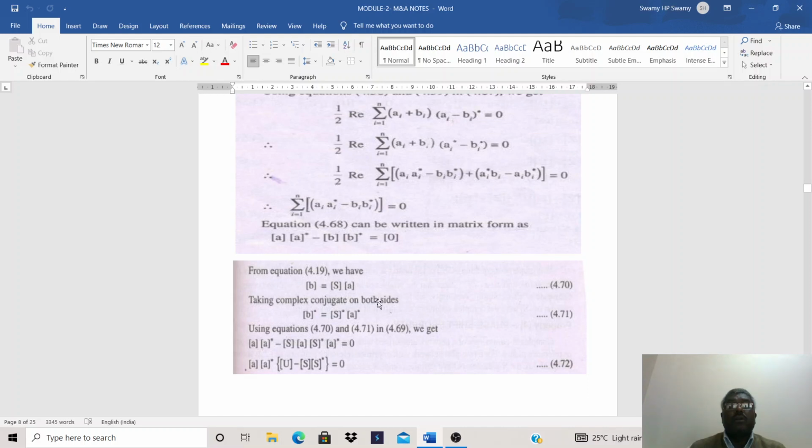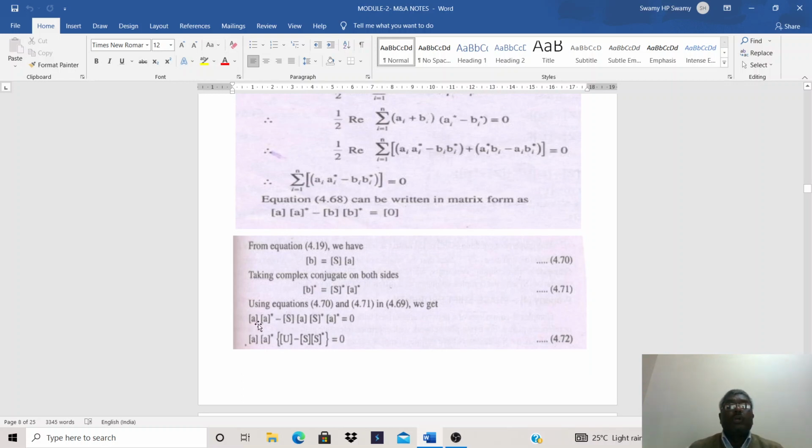Taking the complex conjugate on both sides, b* = S* a*. Using the above equations, a* a - S* a* S a = 0, so a* (U - S* S) a = 0.